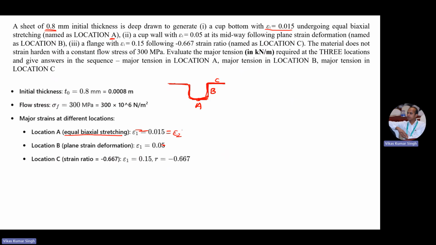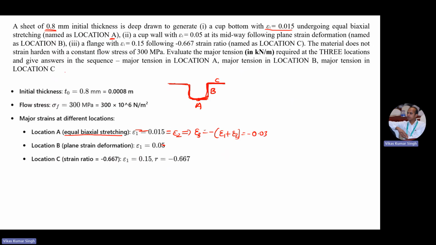Okay, and we can find epsilon 3 from the volume consistency. If you put it, epsilon 3 will be minus of epsilon 1 plus epsilon 2, and this value will be minus 0.03.